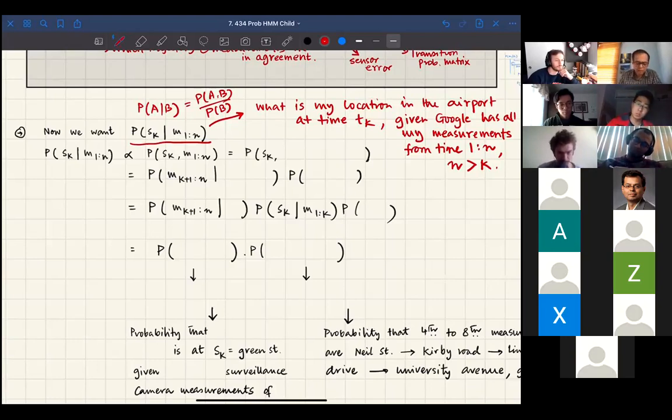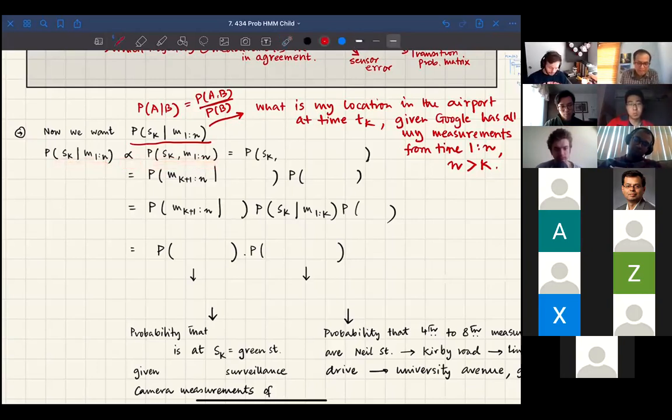And I care only about the numerator, because PB is the same for all possible values of Sk. For Sk equals L1, it's the same PB; Sk equals L2, it's the same PB. So I only care about the numerator, which is why I write this as proportional to Sk comma M1 to n.